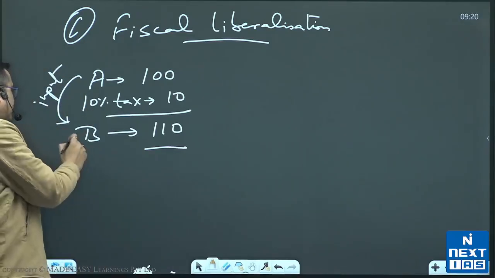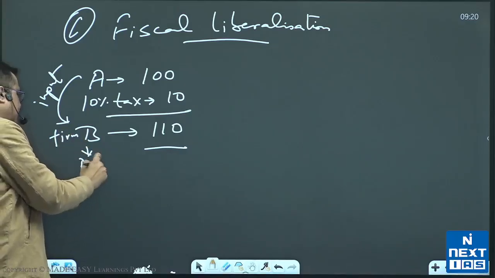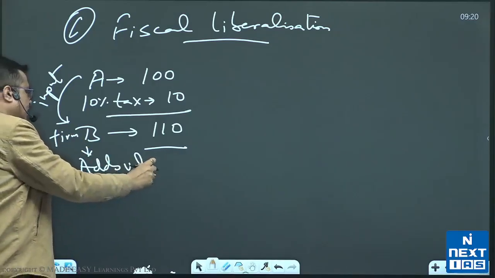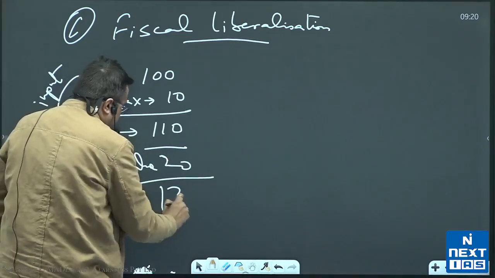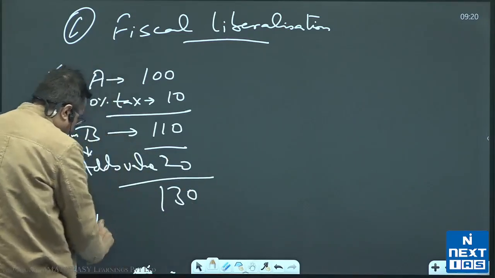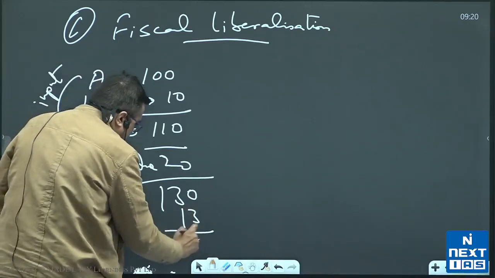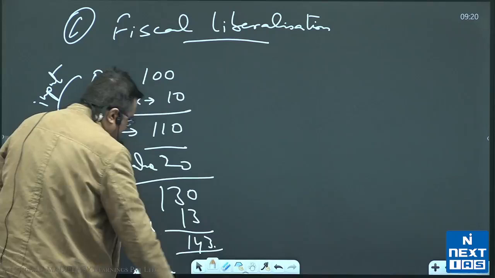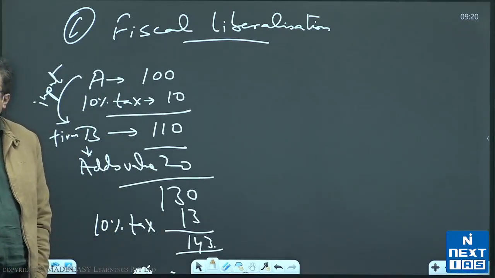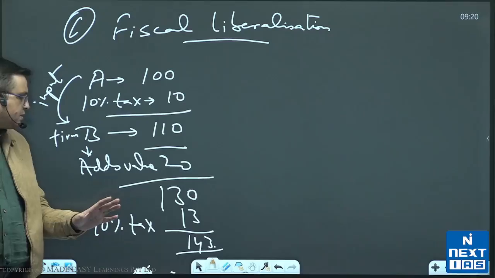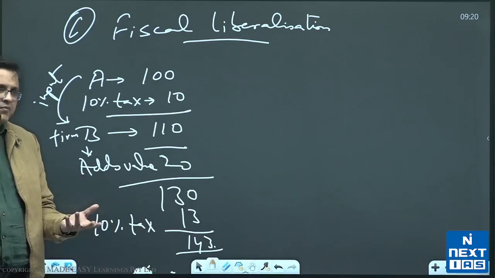Now suppose the firm B adds value, value addition of 20 rupees, which means 130, and suppose they also have to pay a 10% tax, 13, the price in the market becomes 143. I hope it's easy to calculate this. This is what happens if you don't allow input tax credit.